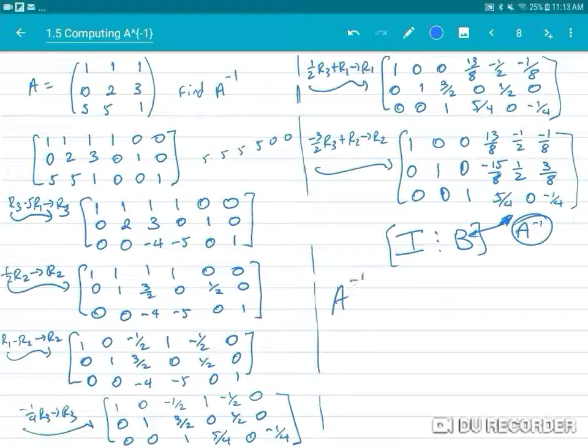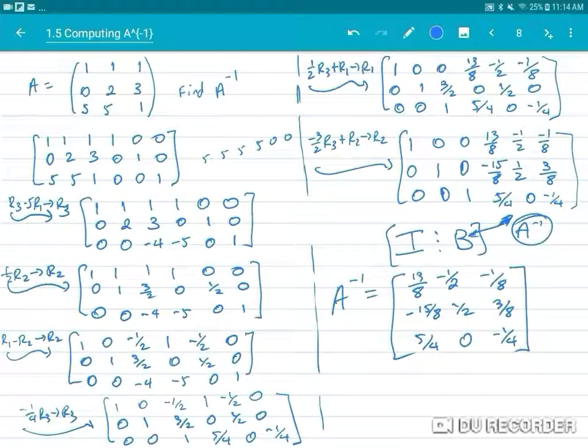Okay, so A inverse I'm claiming is the matrix 13/8, minus 1/2, minus 1/8, then minus 15/8, 1/2, 3/8, and 5/4, 0, minus 1/4.